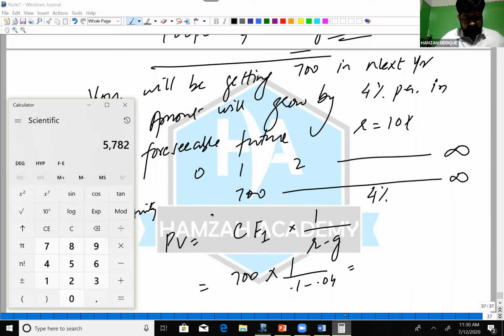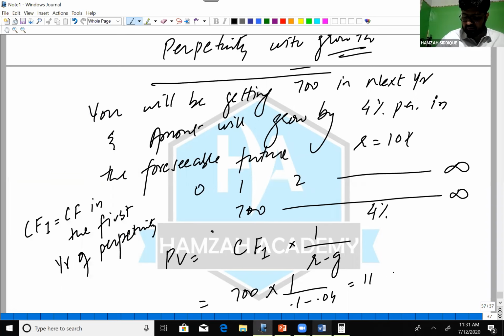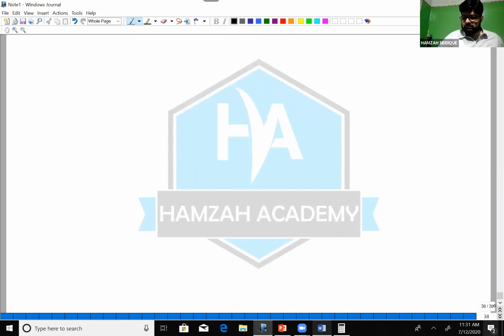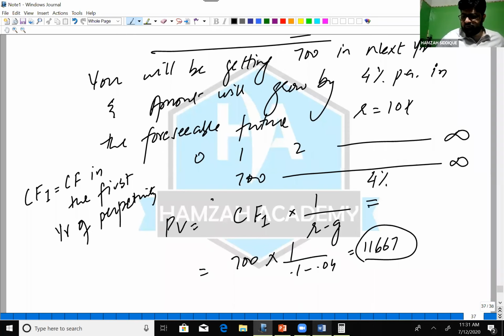So let us solve it. 700 divided by 0.06 is 11,666.67. This is the answer. This is one scenario. You can write this formula as CF1 over R minus G. Same. The other scenario.